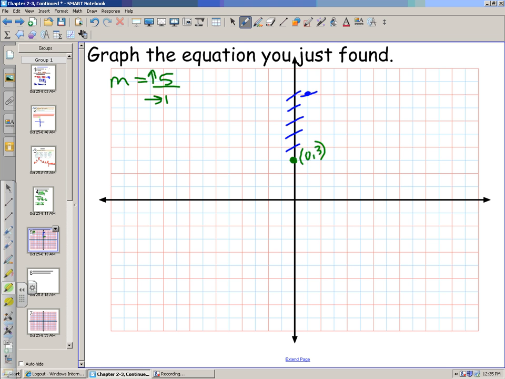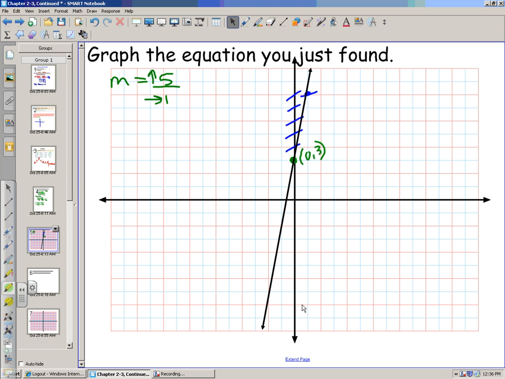Do we see that I need 2 points to make a line? Do I have those 2 points? Yes, I do. And I can connect the dots. What's that? That's sweetness right there. Do we understand that, yes or no?